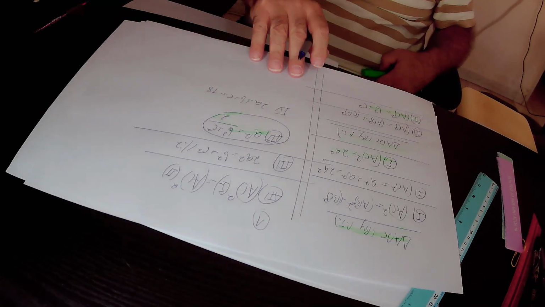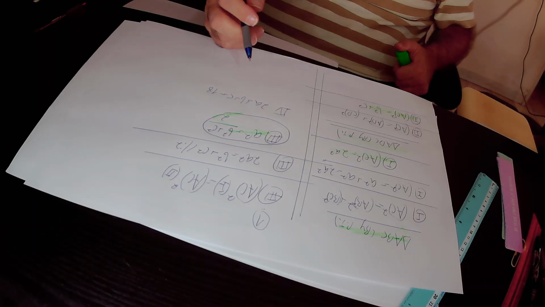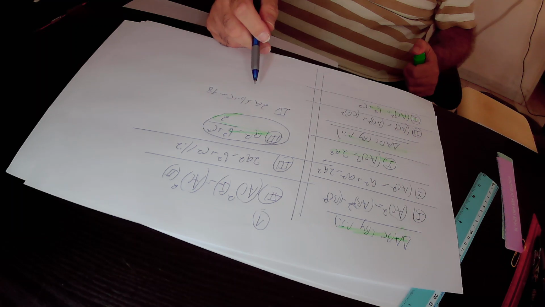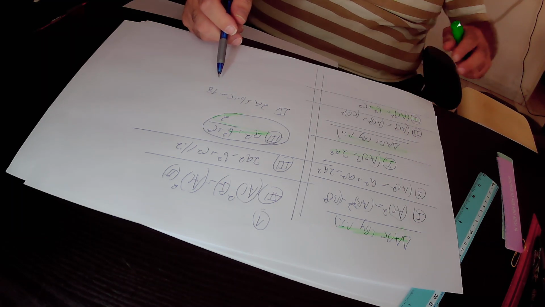Okay, again, according to this equation 4, the perimeter of quadrilateral ABCD equals 18 units.